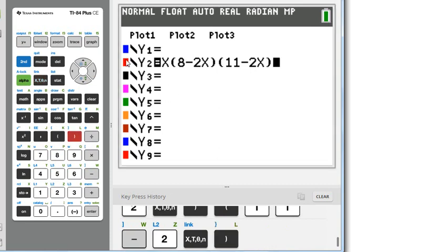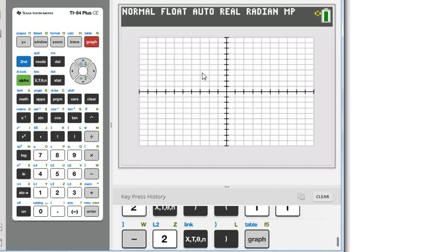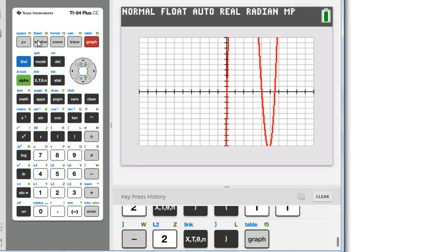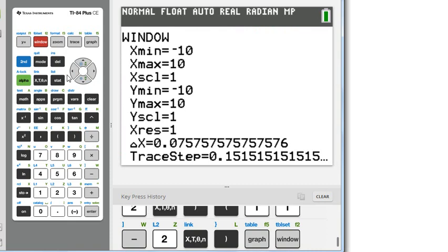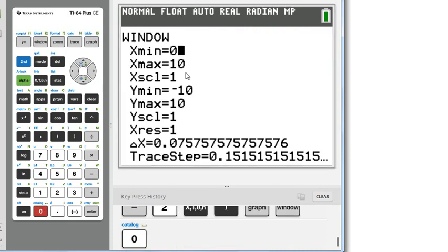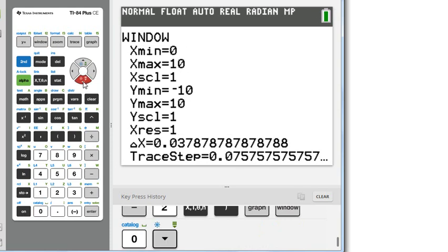And then we graph, and we don't see very much. I mean, we do see some of it here, but we're really interested in what is up above here, around where x is equal to 2. So let's go to the window, and we can start at 0. I think if we go to 10, we can just keep it there.